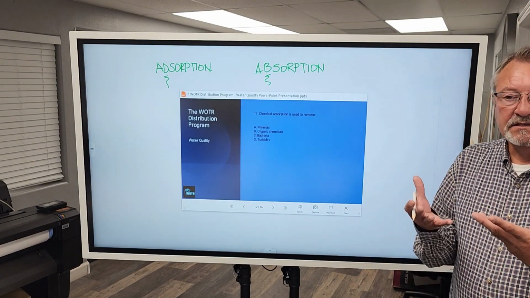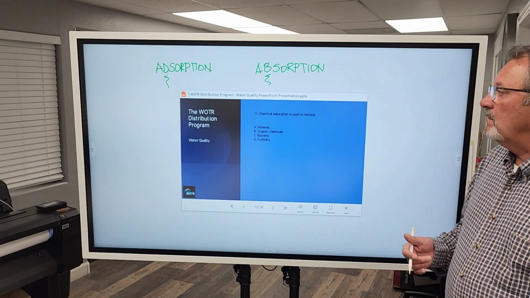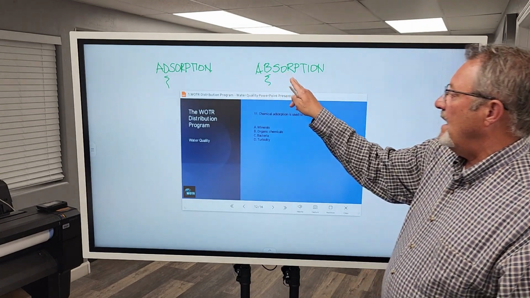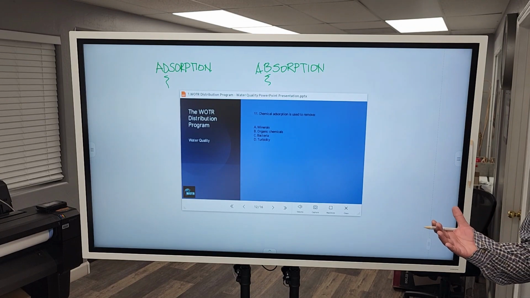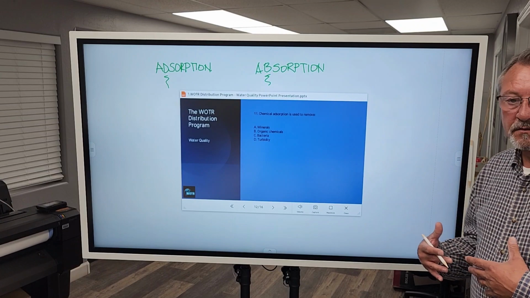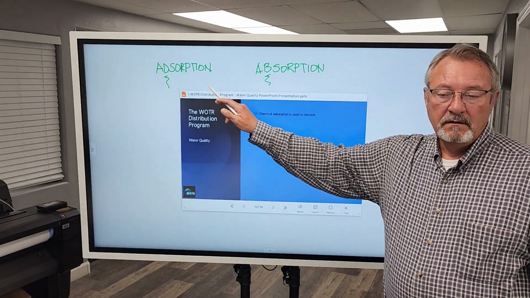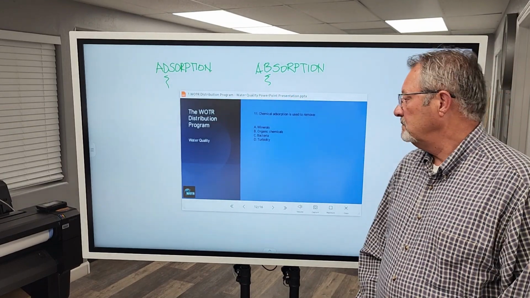It's going to take it into itself, soak it up. So there's a difference between adsorption and absorption. Let's say you had a question on your exam about granular activated carbon and how it removes organic chemicals from the water. It's a process of adsorption. Beware of absorption in that case. Okay?